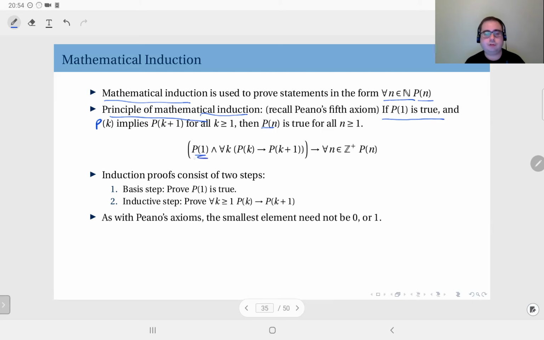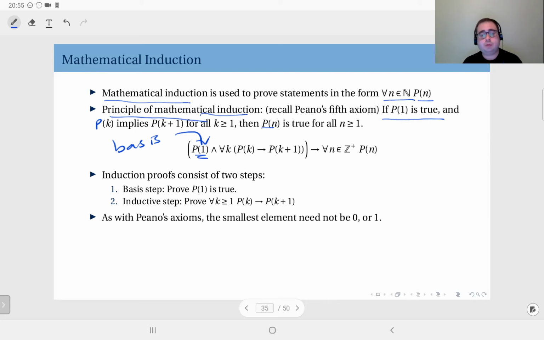This is the statement in first order logic that lays out mathematical induction. If P(1) is true, this one here we will call the basis or the base case. It doesn't need to be 1. If you remember, when we talked about Peano's axioms, it was just a naming. Here it indicates from what point your proposition P(n) starts being true.